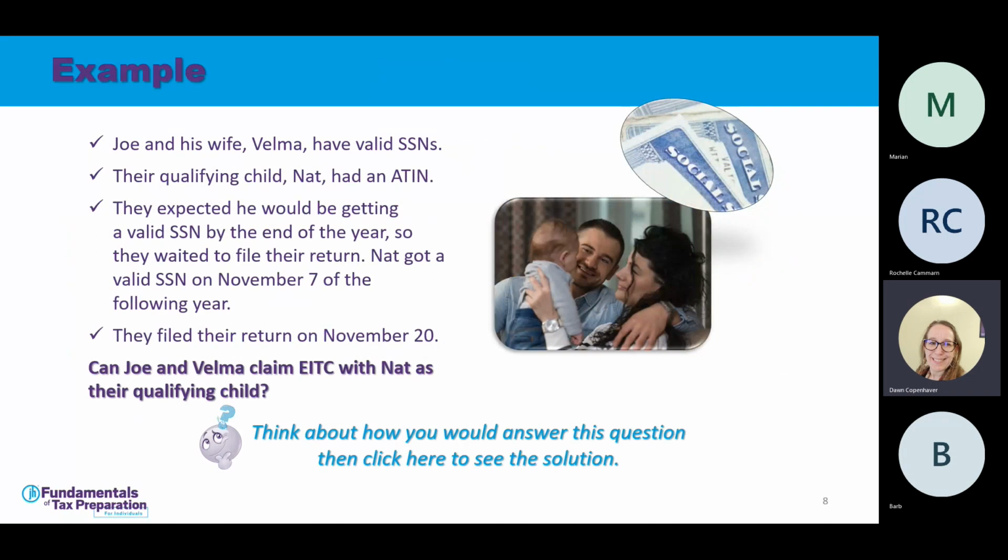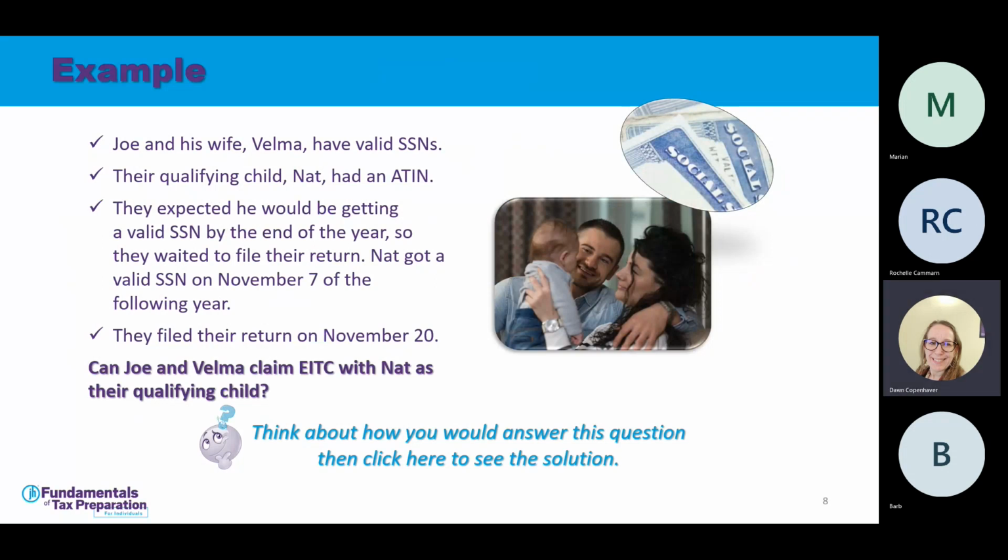Okay, so here is an example of the Social Security number situation. Joe and Velma have valid Social Security numbers. Their qualifying child has an ATIN, which is an adoption taxpayer identification number. They expected to get a Social Security number by the end of the year, and it finally arrived on November 7th, and they filed their tax return on November 20th.